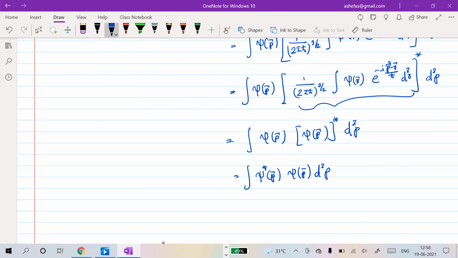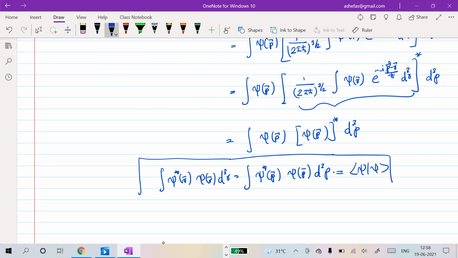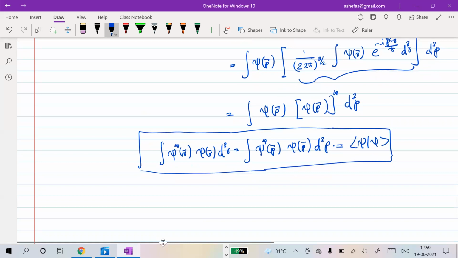And what was the left side? The left side is integral ψ*(r) ψ(r) d³r. So this is nothing but the norm of the vector ψ. The norm of vector ψ is the same in both representations. This result is known as Parseval's theorem.